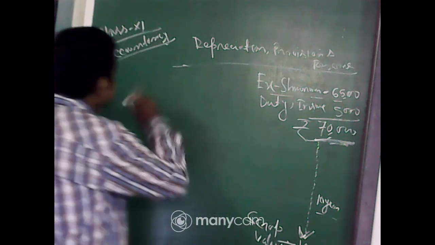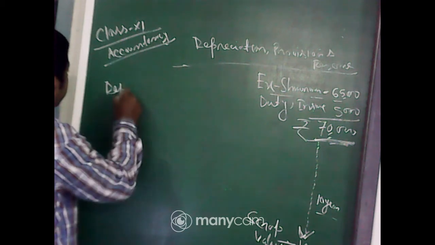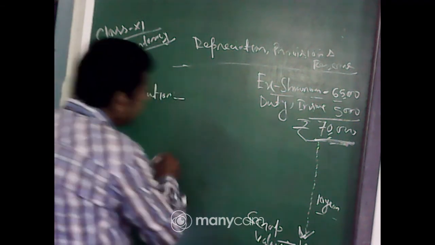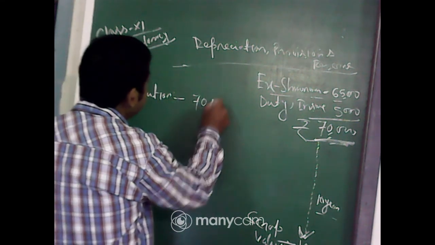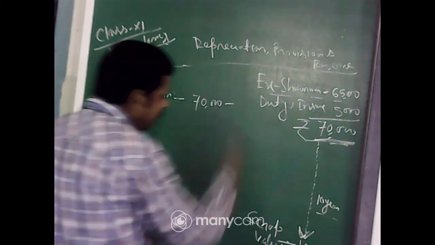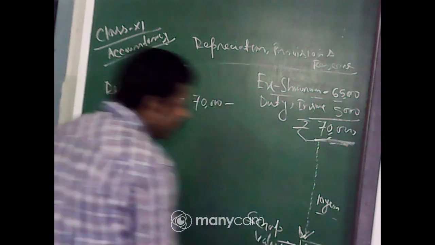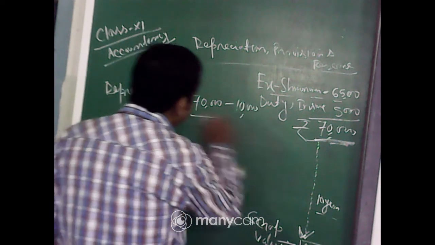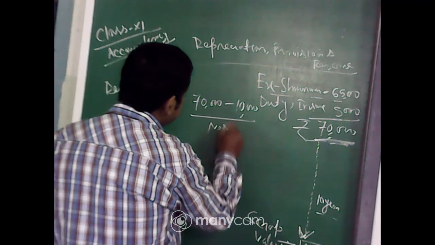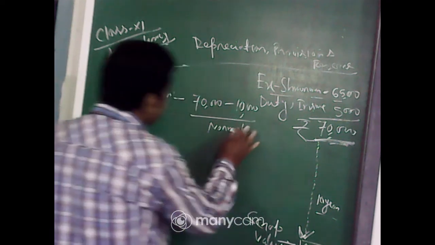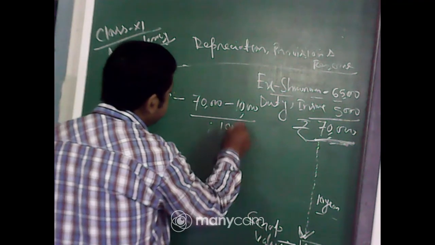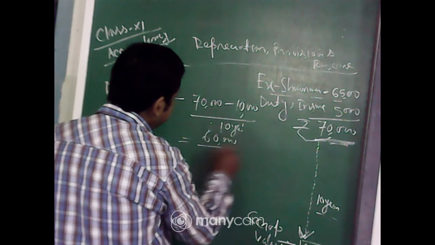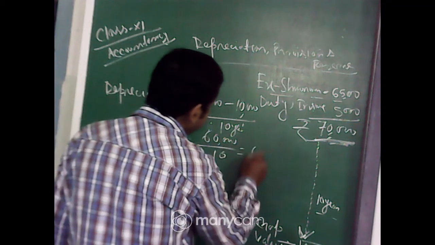If you want to know the depreciation, how can you know? Depreciation is the total cost of the machine, from which you have to deduct the scrap value because this amount is not considered for depreciation, that is 10,000, and divided by the normal life of the machine, in this case 10 years. What do we get? 60,000 by 10, that is 6,000.